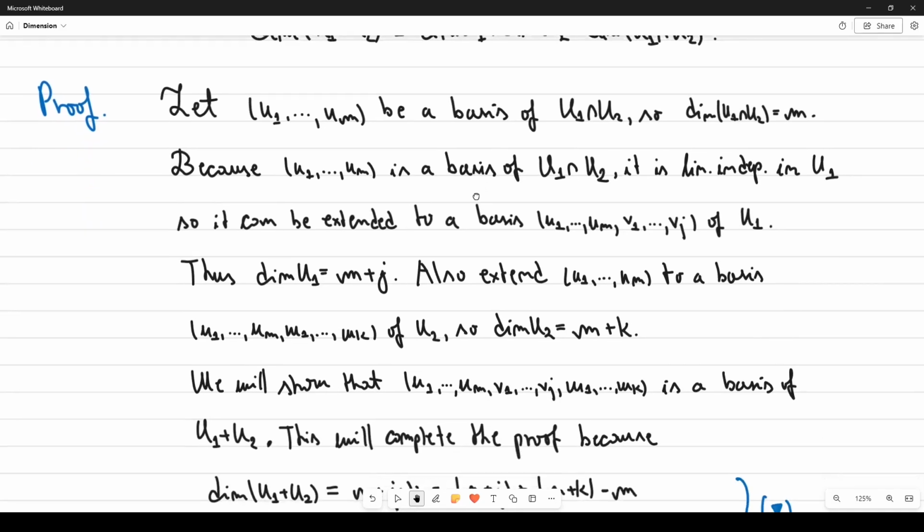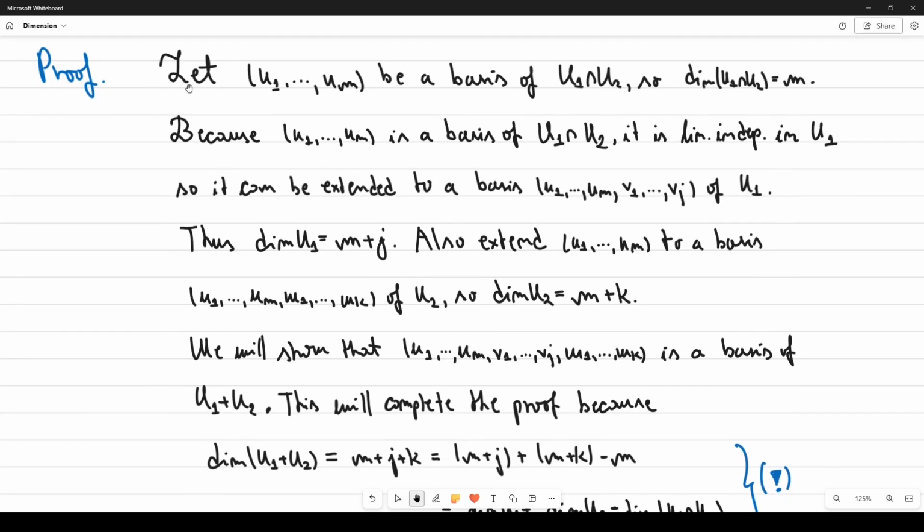So let's show that this holds. Let this ordered list be a basis of the intersection of our two subspaces, which we know is non-empty since at least they share the zero vector. So the dimension of the intersection is equal to m, since there are m vectors in this basis.